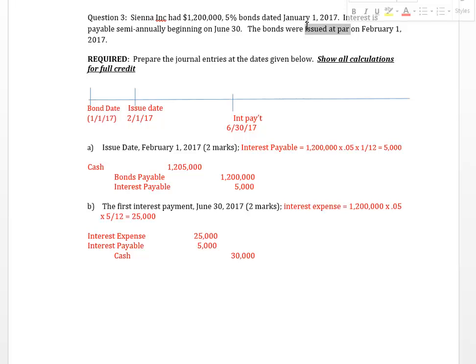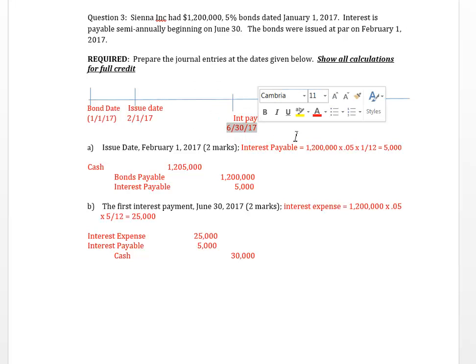However, what makes that slightly different in our case is the fact that the investors didn't buy into the bond until February the 1st, 1 month after they were available for sale. So the investors are only going to hold the Sienna bonds from February 1st to June 30th. That represents 5 months that the investors have the bond.